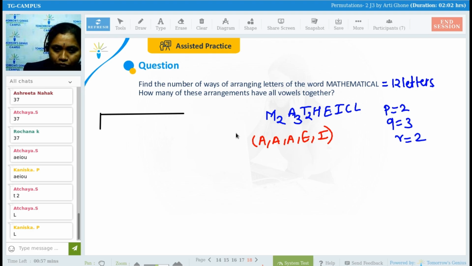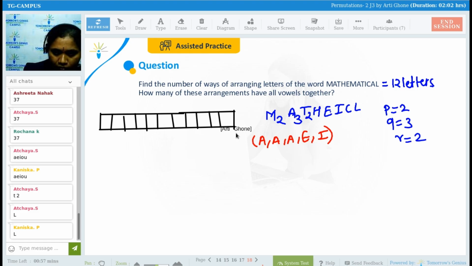So, basically what I want to do. These are my 12 letters. Okay. So what I want to do, 1, 2, 3, 4, 5, 6, 7, 8, 9, 10, 11, 12.